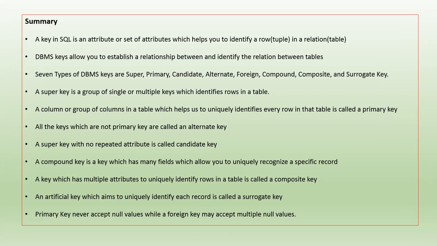A super key with no repeated attributes is called a candidate key. A compound key is a key which has many fields which allow you to uniquely recognize a specific record. A key which has multiple attributes to uniquely identify rows in a table is called a composite key. An artificial key which aims to uniquely identify each record is called a surrogate key.